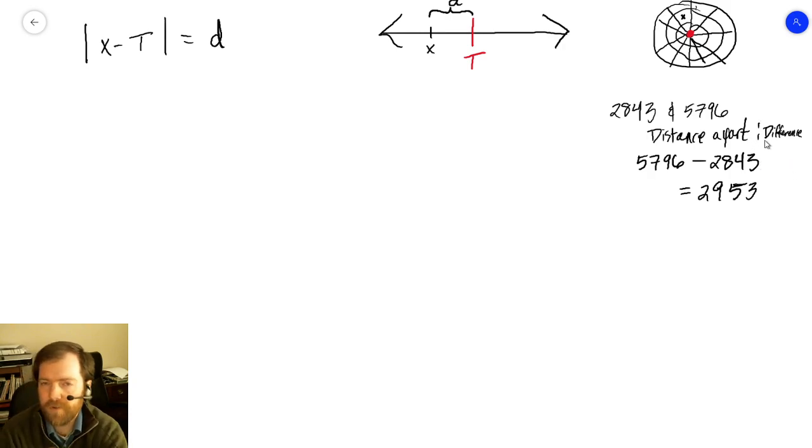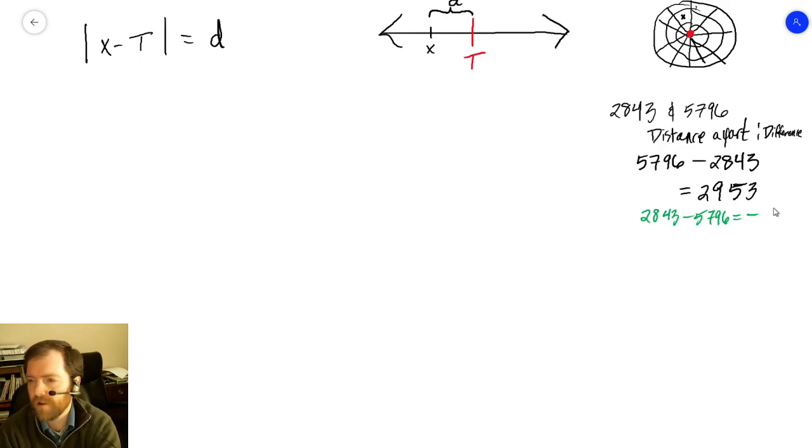All right, so to find the difference between these two numbers, you subtract them. But here's the thing, if you went the other way instead, and you chose to do 2,843 minus 5,796, we would actually end up with a negative value, but the subtraction is still the same. You're still subtracting the two numbers.